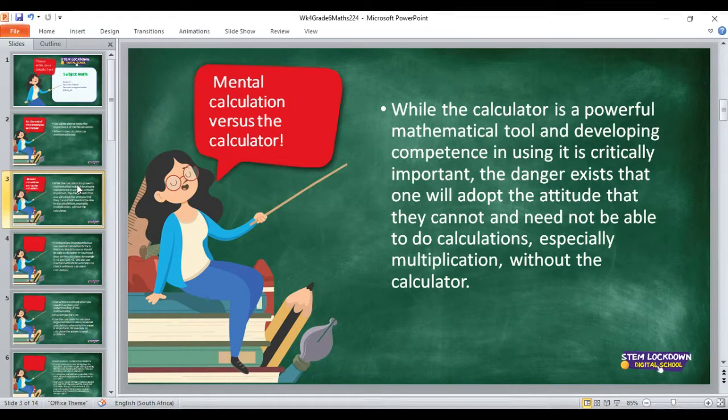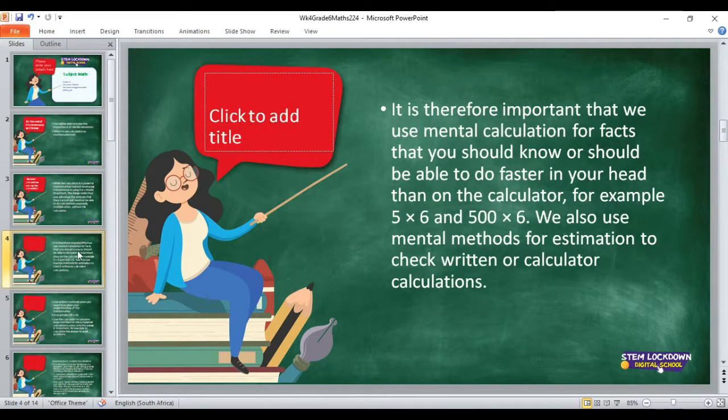What this basically means is that one would fully depend on a calculator, thinking, I don't need to use my head to calculate when I can just press all the buttons in a calculator and it will give me the answer, because we have that mentality that the calculator is always right.